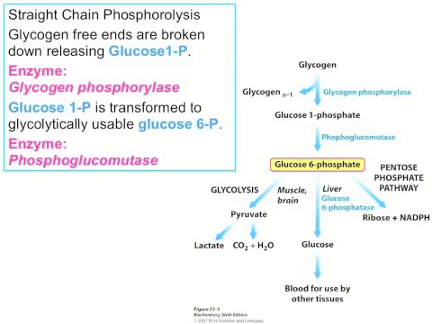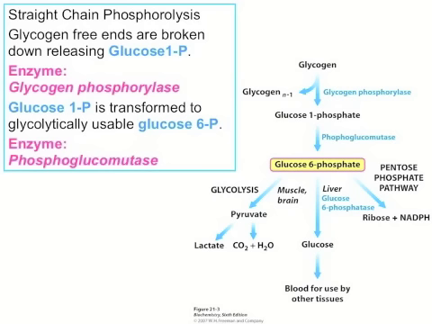The non-reducing free ends of straight-chain polymers are broken down to release glucose 1-phosphate, and the enzyme that catalyzes this reaction is called glycogen phosphorylase. We're breaking down glycogen into individual glucose 1-phosphate units, and we're doing this by adding phosphate.